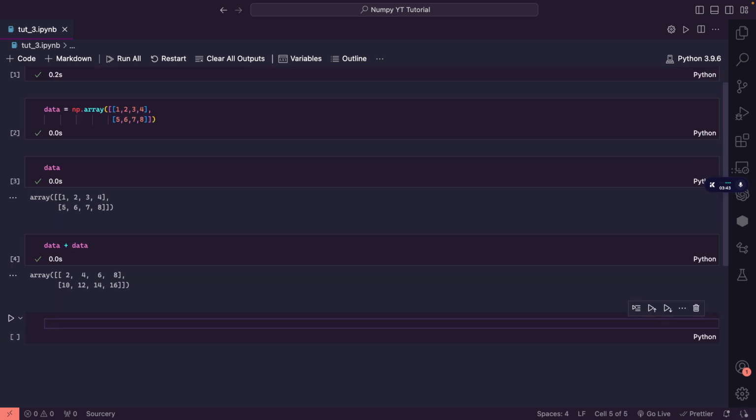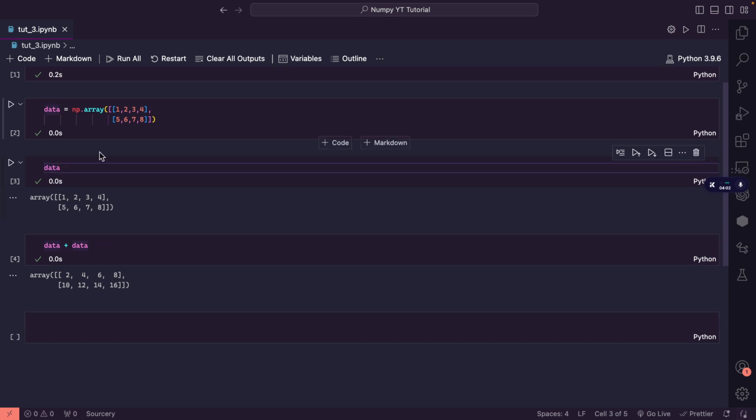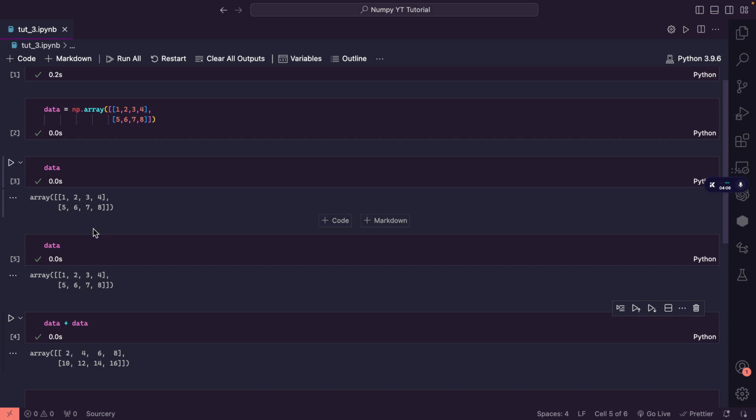So what happened is that we had data with two rows and four columns, which are one, two, three, four, five, six, seven, eight, and we added the same data to it, data plus data. One got added to one at every position.